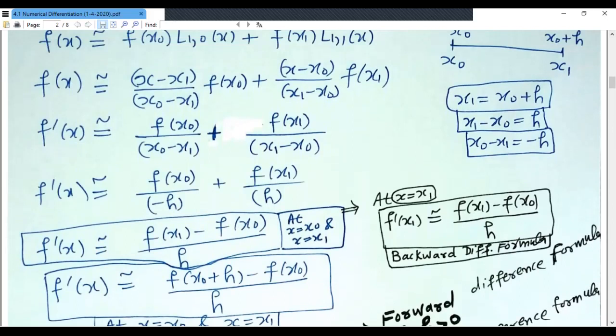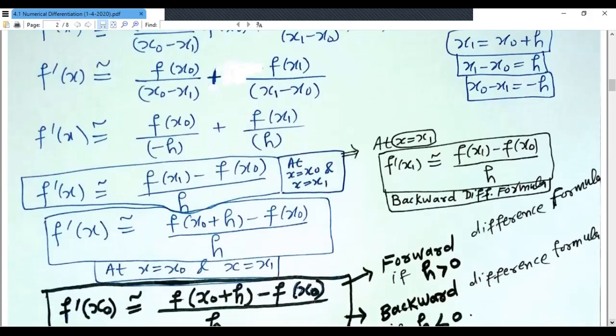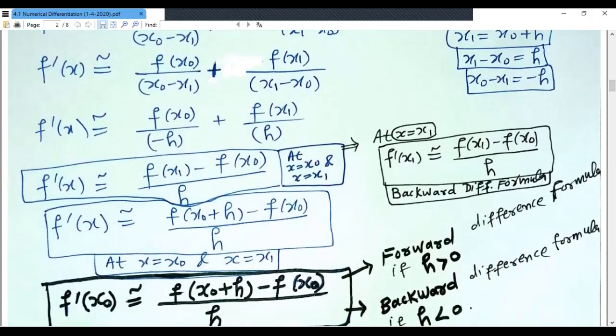So after this derivative, just putting in the value of h, x1 is equal to x naught plus h, and x1 minus x naught is equal to h, x naught minus x1 is equal to minus h. So we have f dash of x approximately equal to f of x1 minus f of x naught divided by h.